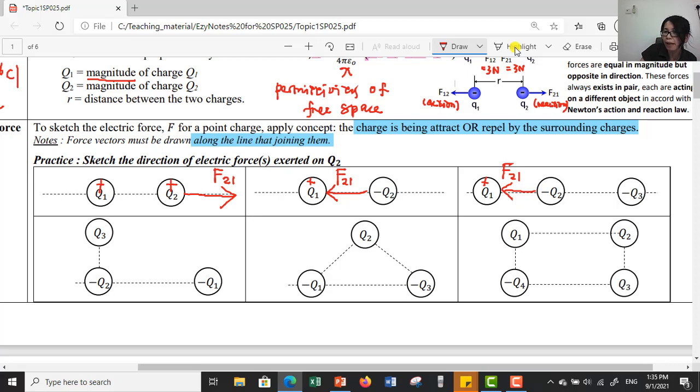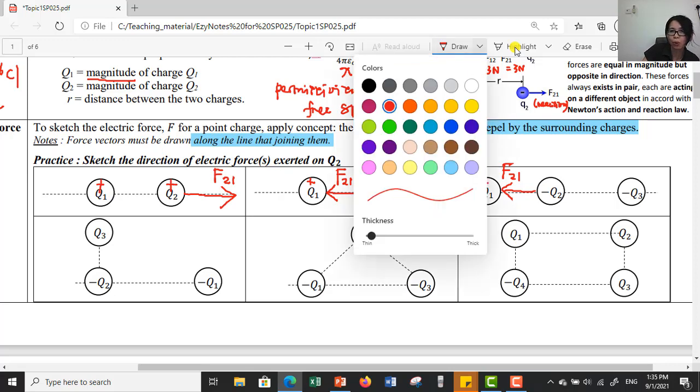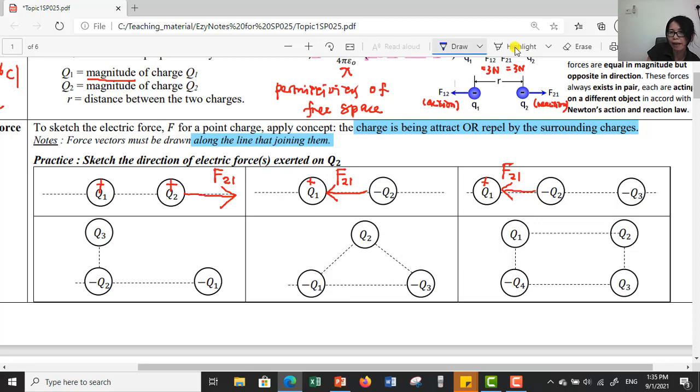Lepas tu, barulah kita pertimbangkan force apa Q2 akan rasa daripada Q3 pula. So, Q3 adalah negatif. So, Q2 adalah negatif. Q2 negatif, Q3 pun negatif. So, force apa yang dia akan rasa daripada Q3? So, dia akan rasa daya tolakan. Okay? So, Q2 akan ditolak jauh daripada Q3. So, force dia akan bertindak ke arah kiri.